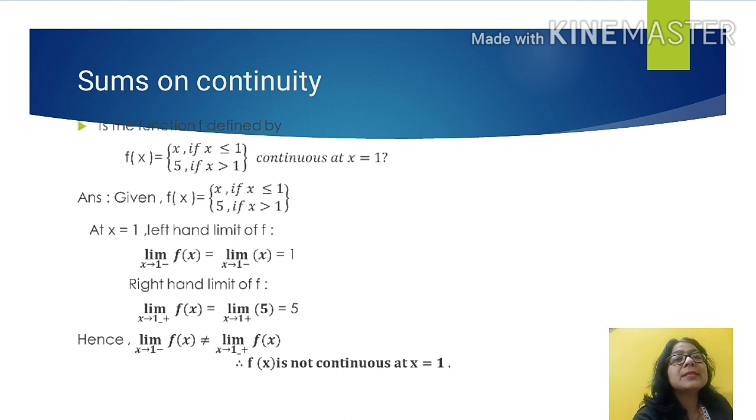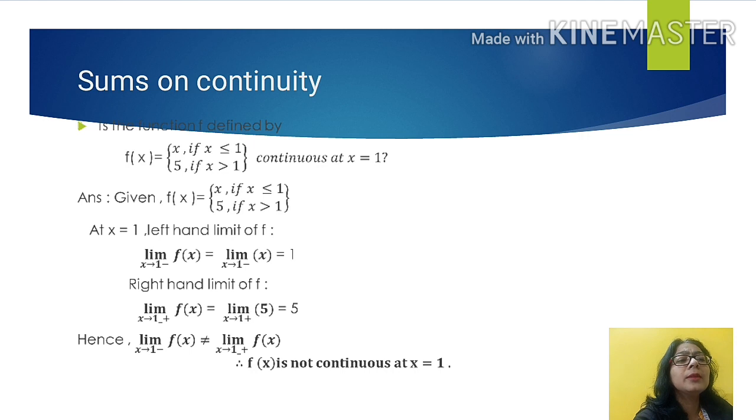So here, the first thing is at x equal to 1, the limit as x tends to 1 minus of f(x). The limit as x tends to 1 minus of f(x) is the left hand limit at the point x equal to 1. So you have to check first the function given where x is less than 1.